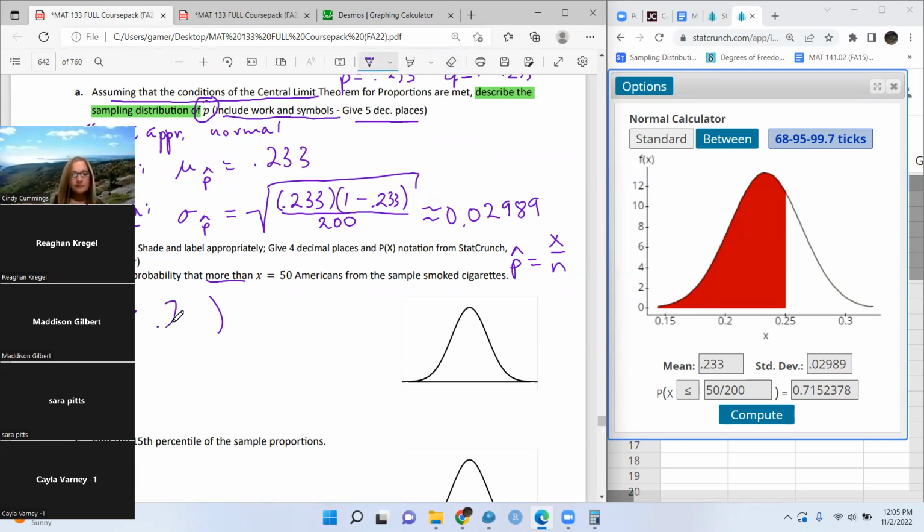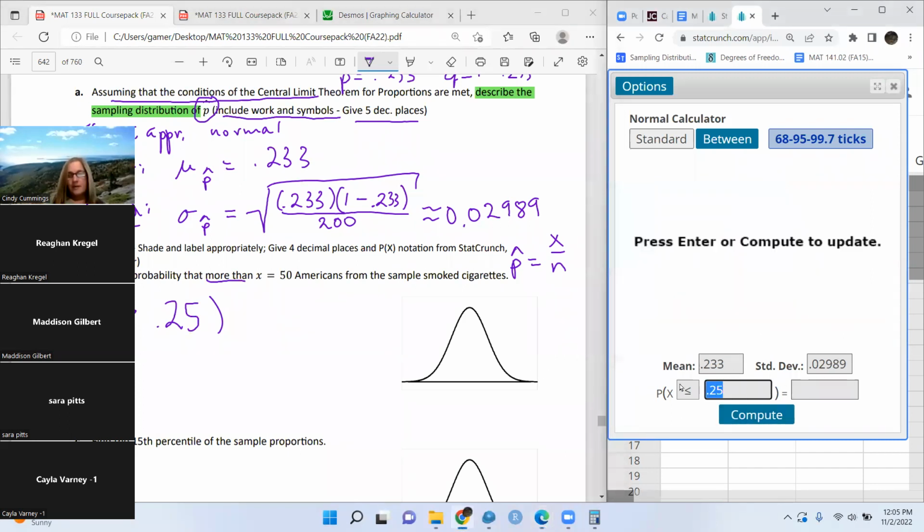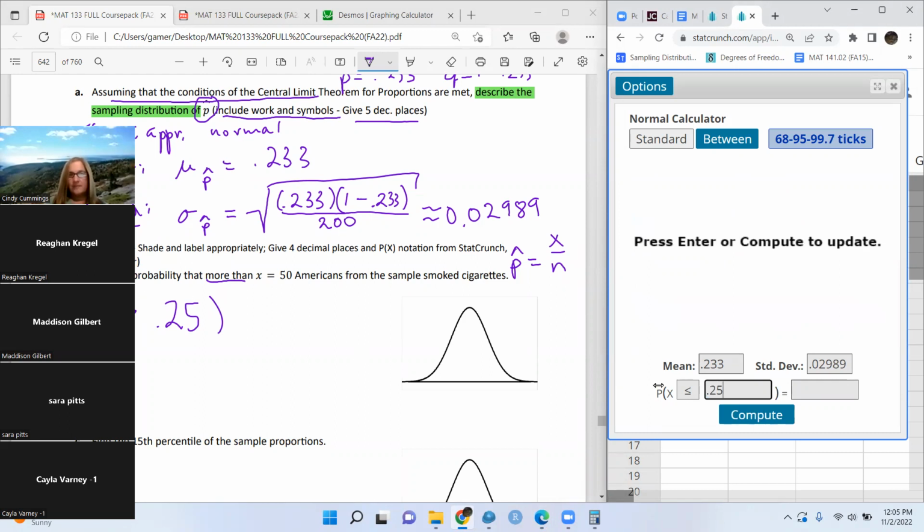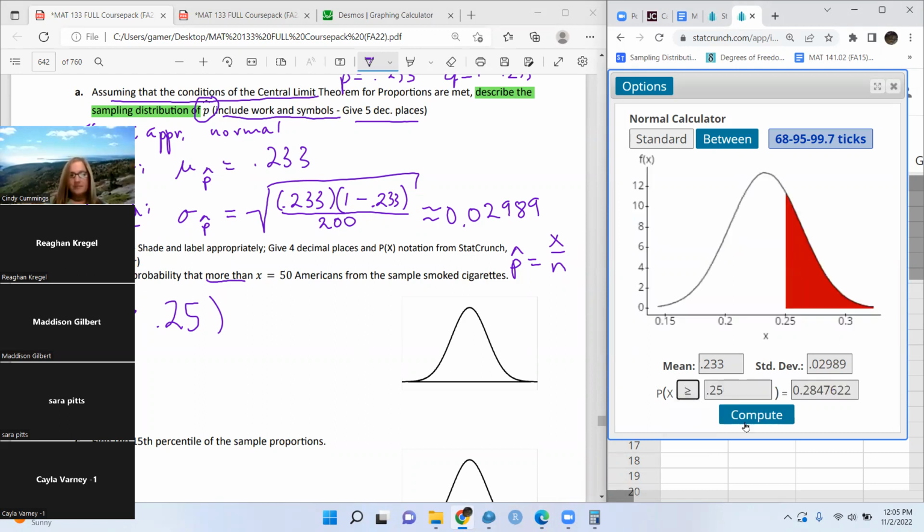This is the problem that most students get wrong on the exam. Because watch, if I put 50 in here, watch what happens. It's 1. So Eric, you want to change the direction. Oh, yes, it's supposed to be more than. Thank you.